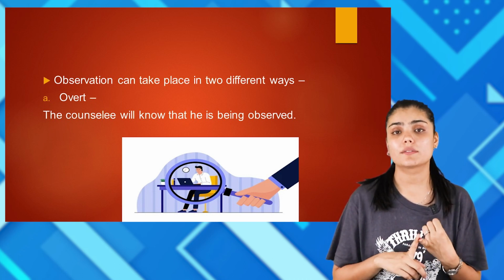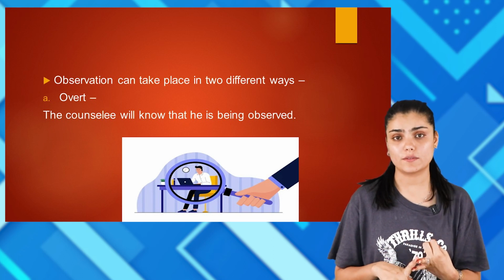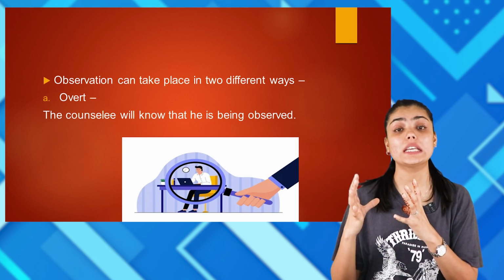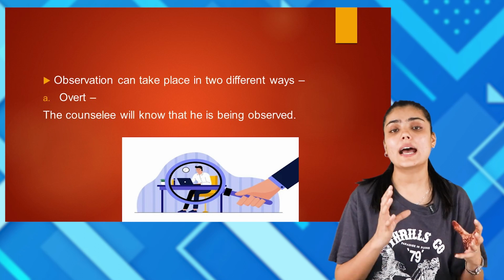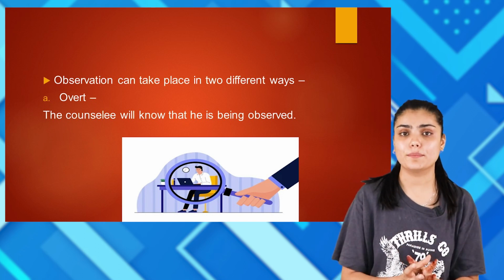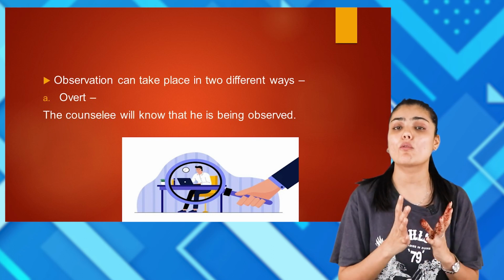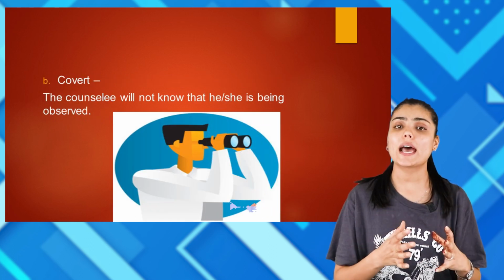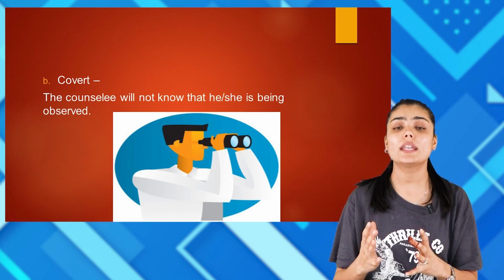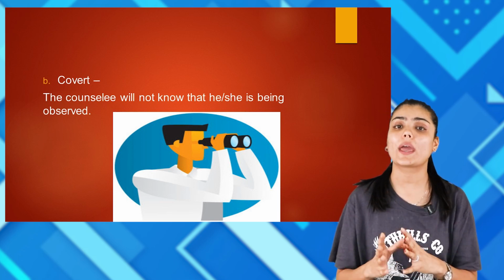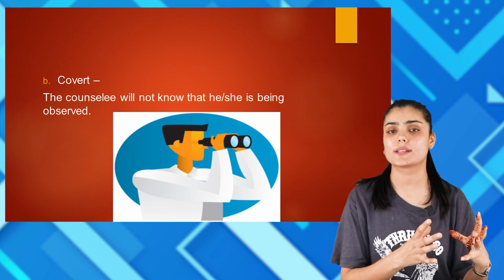What is overt observation and what is covert observation? Overt observation is when the counselee knows that the counselor is observing them. Whereas covert observation is when the counselee is unaware that the counselor is observing them.